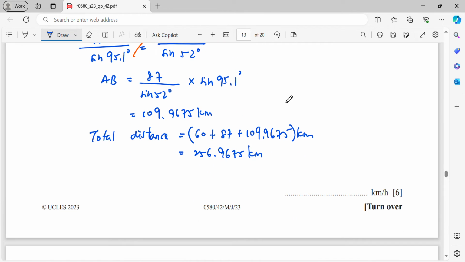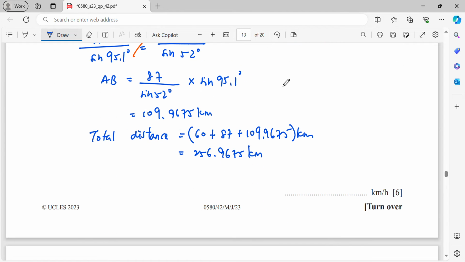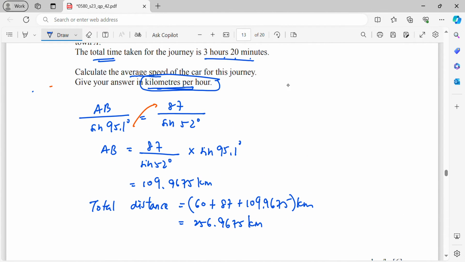So now I will change the minutes to hours because the question asking for kilometers per hour. So the time right here equals to 3 hours and 20 minutes. So for the 20 minutes, I will write, because we know that 1 hour is 60 minutes, right?